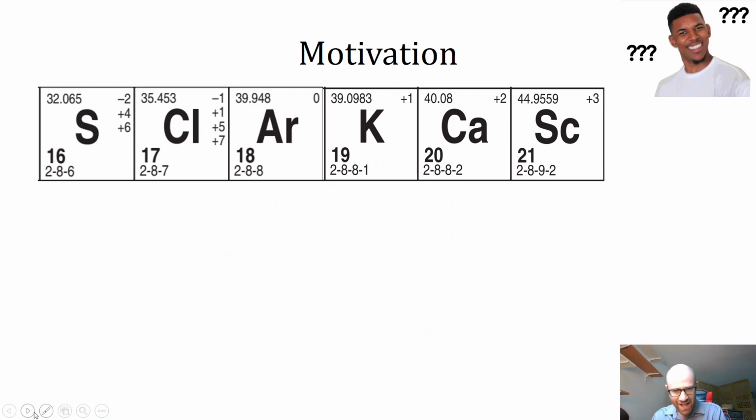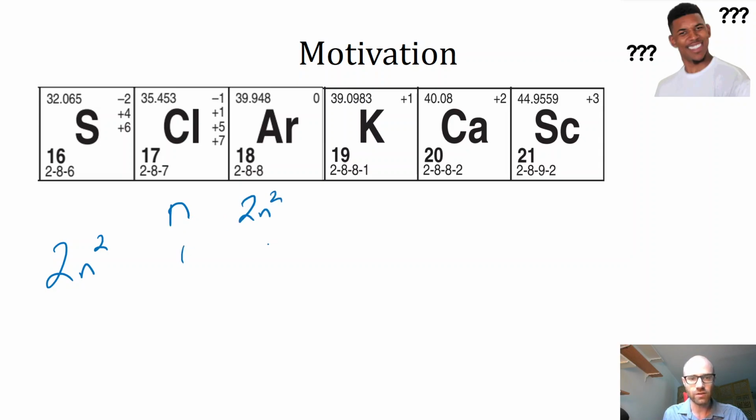For today, I don't know if you've noticed this yet. Some of you may have, but it turns out that the numbers we see on the periodic table don't match. We said that the cap was 2n squared for the maximum number of electrons. So if n was 1, you can fit 2 electrons.